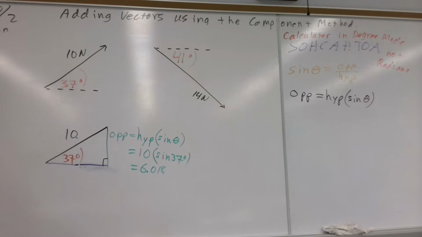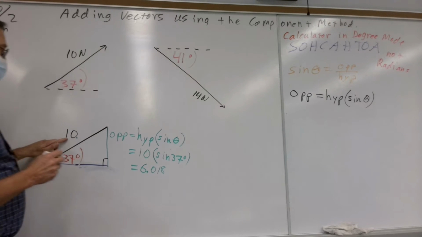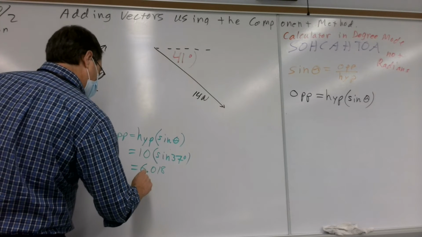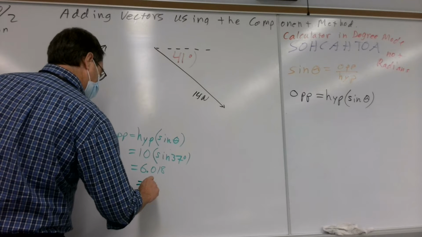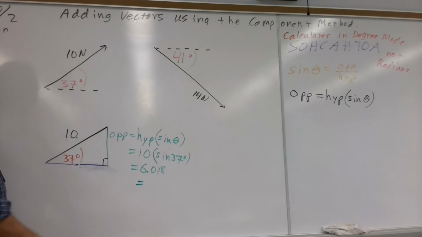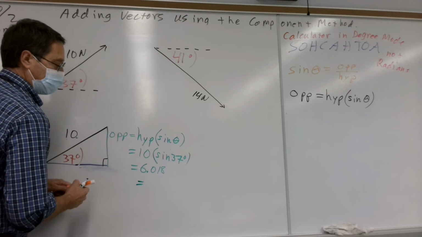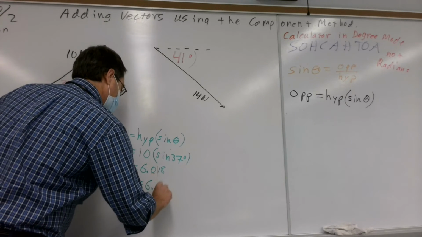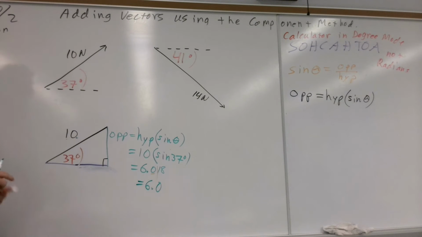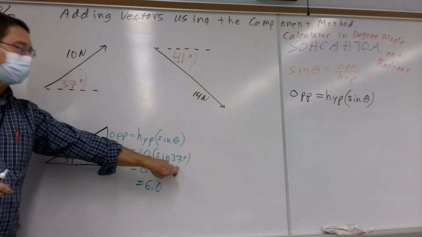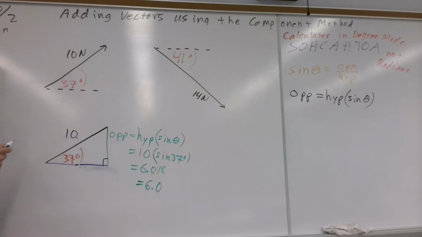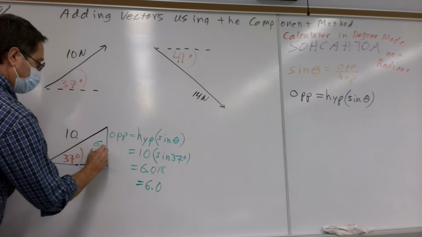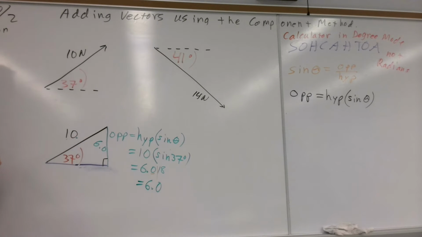That makes that now based on your chemistry. So what is 6.018 rounded to 2 sig figs? 6.0, right? Okay. So that's where we're using those rounding rules. We have 2 sig figs times a 2 sig fig number. Okay, so this is 6.0, on the opposite side.